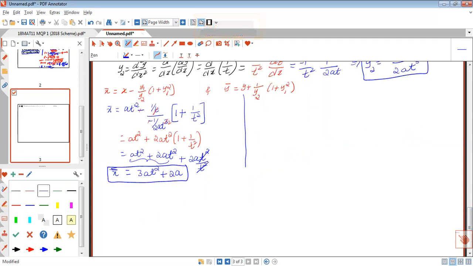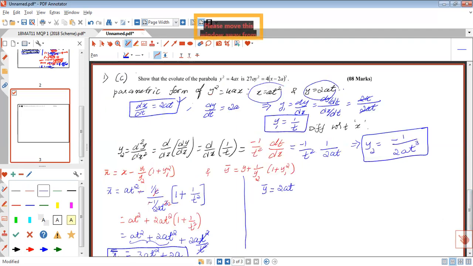Okay, x bar value. Similarly, substitute the value for y bar, that is y value is 2at, we know, right? Y value is 2at plus 1 by y2, that is 1 divided by y2 value is minus 1 by 2at cube, 1 plus y1 square, that is 1 by t square.